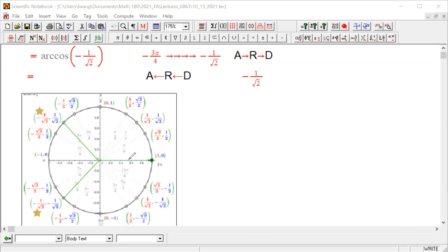Is it this one? Or is it that one? There are so many choices. You can go around and around. But what did we say about ArcCoSine?